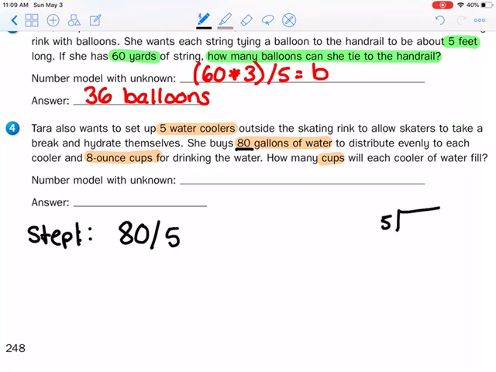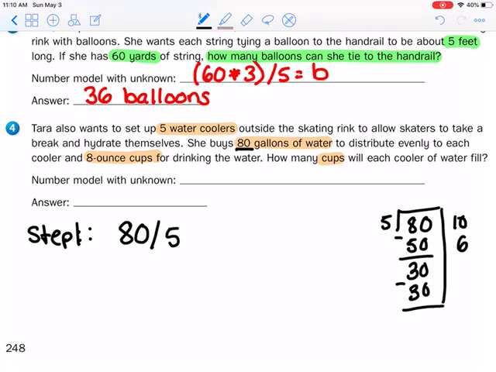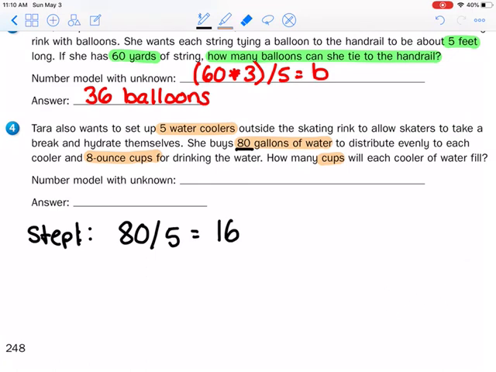So if I did 5 divided by 80 with partial product, I know 5 times 10 is 50, and I'm left with 30, which is 5 times 6, so 16. So there's 16 gallons in each of the 5 water coolers.